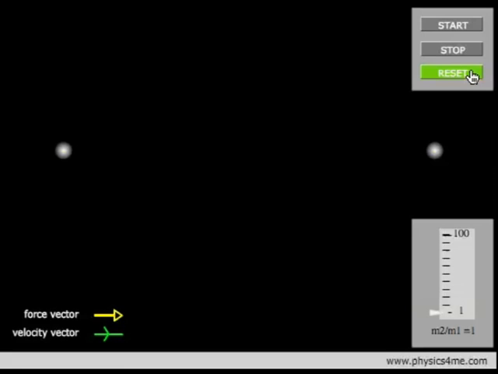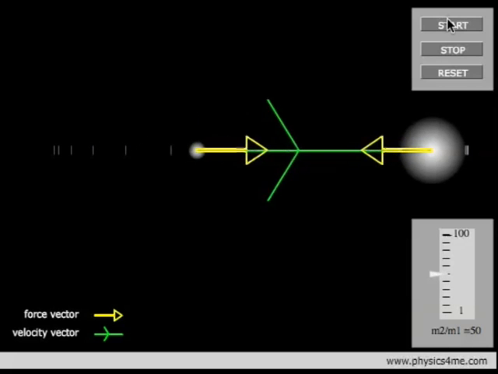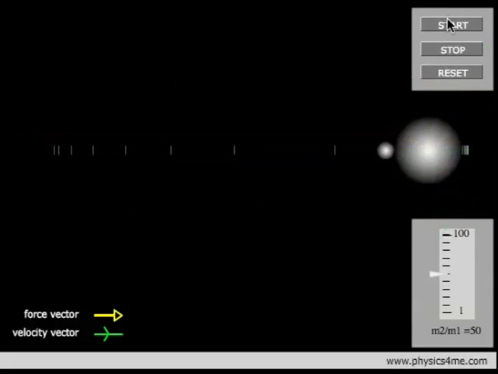Let us now change the mass ratio to 50 and restart the simulation. Although both bodies experience the same force, the one with smaller mass experiences a much larger acceleration and therefore moves faster than the larger one.